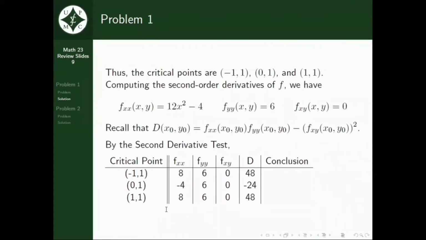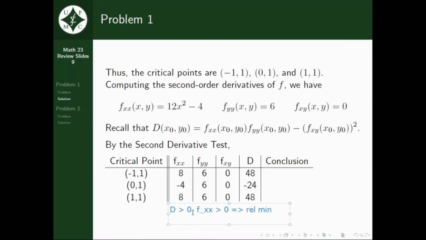From a theorem discussed, if your d is bigger than 0 and your f sub xx is bigger than 0, this implies that at a certain point you have a relative minimum.